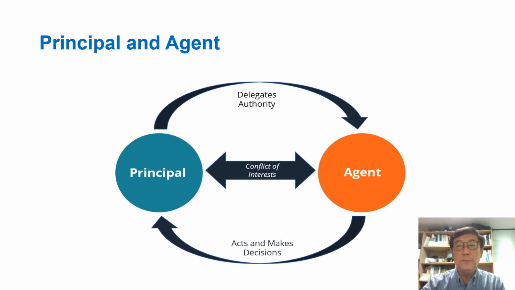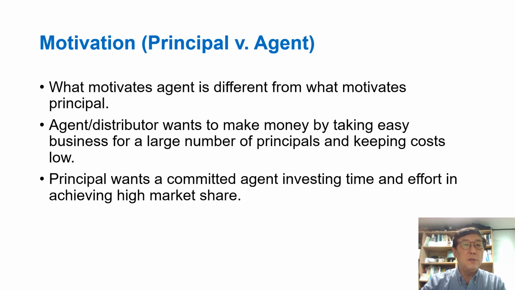More detail. So motivation. What motivates the agent is different from what motivates the principal. An Asian distributor wants to make money by taking easy business for a large number of principals and keeping costs low. They always want to make more profit. A principal wants a committed agent investing time and effort in achieving high market share.